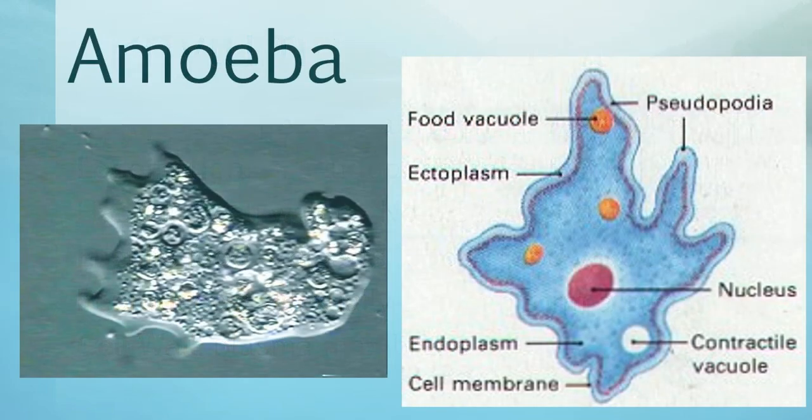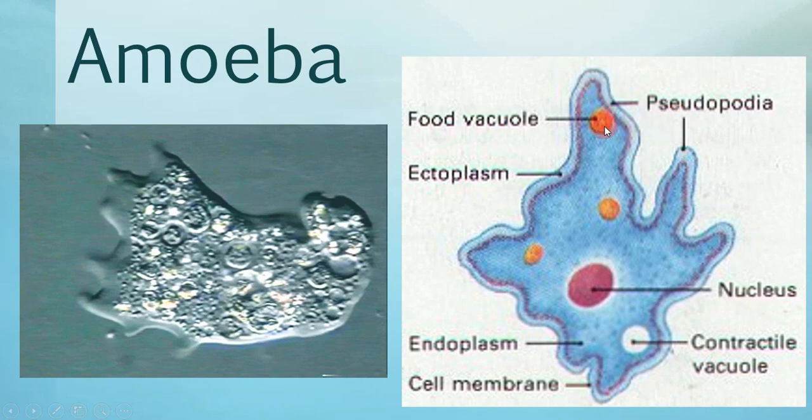All right, so when we look at it there, you can see that it's got this kind of unique shape. It moves around. It changes all the time. So it's on the left picture here. This one, I believe, is a living one that's been photographed under the microscope. This is obviously an artist's version. And so we can see the membrane, and these are the pseudopodia, or the pseudopods, the false feet.